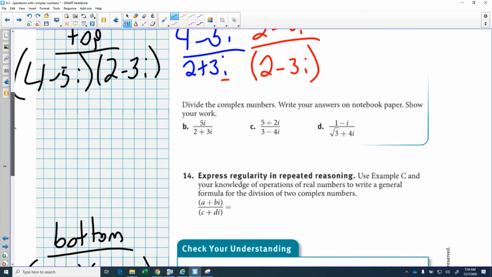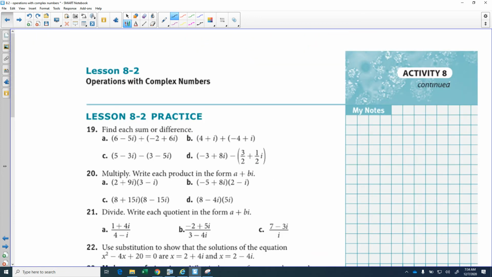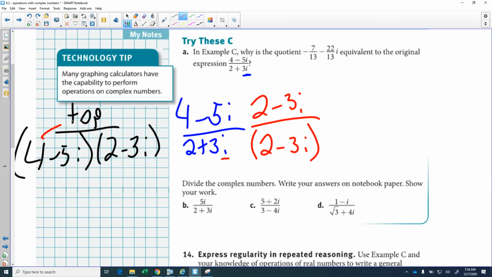Let's go ahead and work these out. If I multiply the top function out, I multiply the 4 through to get 4 times 2, which is 8, and 4 times negative 3i, which is negative 12i. Then multiply the negative 5i through. Negative 5i times 2 is negative 10i. Negative 5i times negative 3i is positive 15i squared.